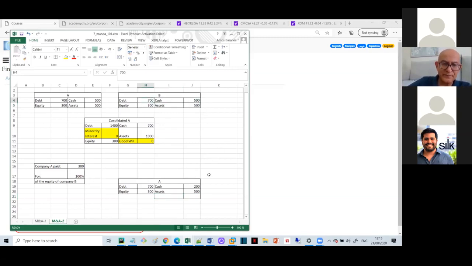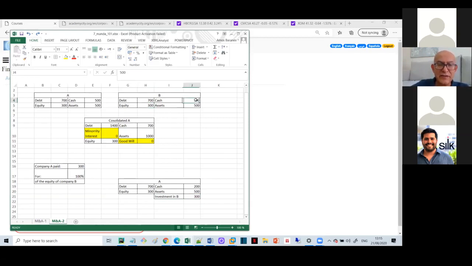One more time. I had here before investment in company B, 300. I'm going to take this one, and instead of this 300, I'm going to put what it represents. What does it represent? It represents this 300. And what is this 300?